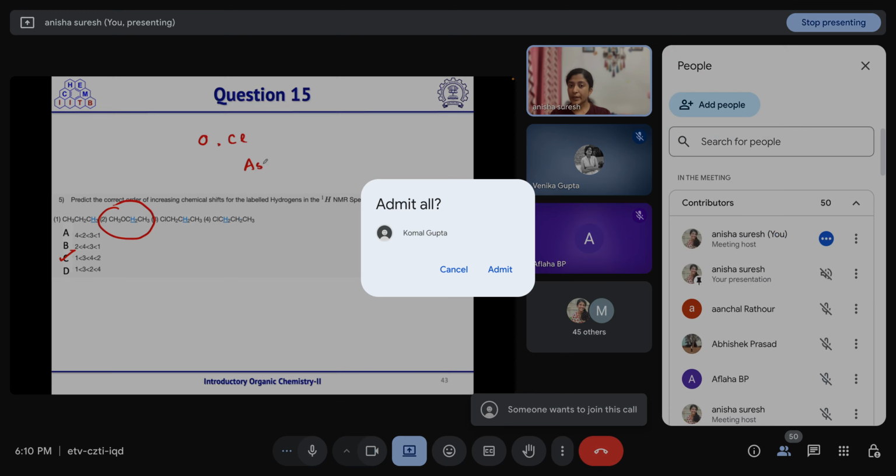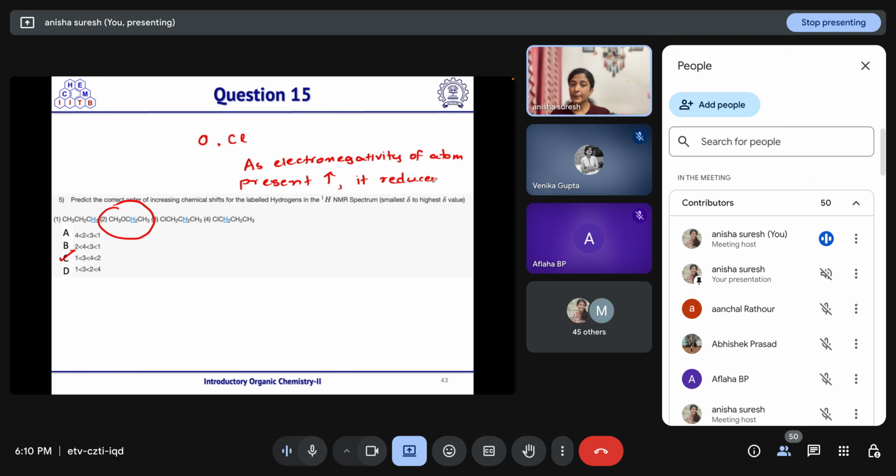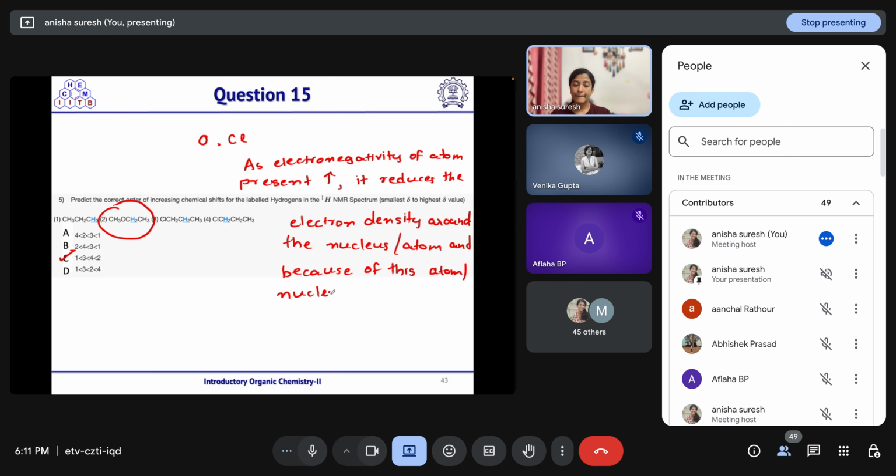So here, as the electronegativity of the atom present increases, it reduces the electron density around the nucleus or atom, and because of this the atom or nucleus will be deshielded.